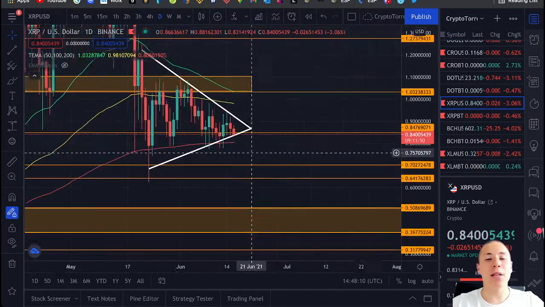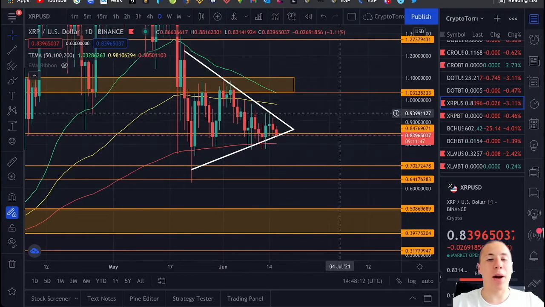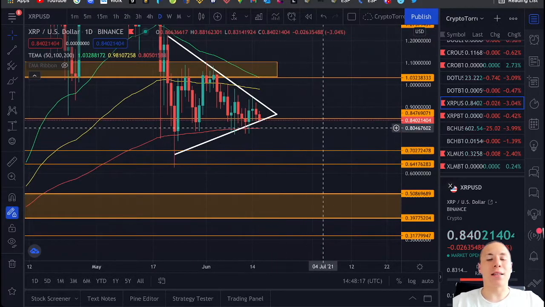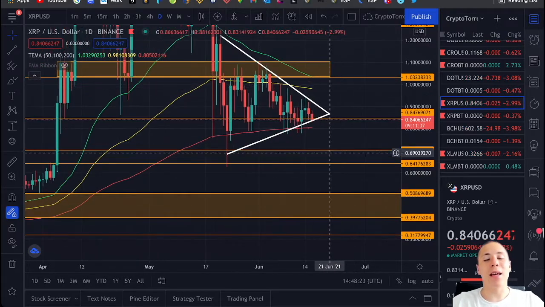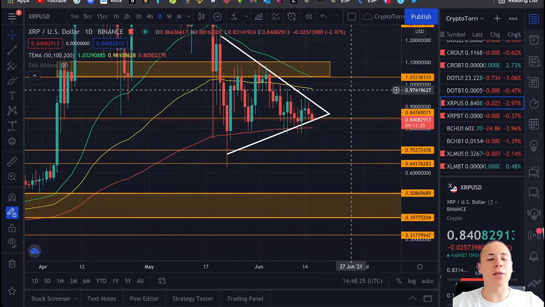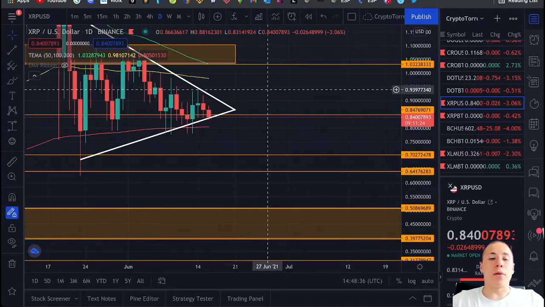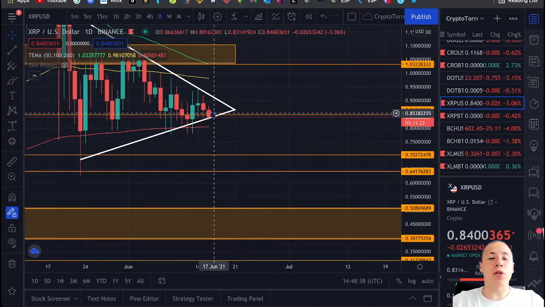So I wanted to give you this quick update on the XRP price action heading towards the 51 cent level. As I told you before, that is of course my personal opinion, but you can do your own due diligence as well. This is also a perfect trading opportunity if you would like to make a short trade on XRP.